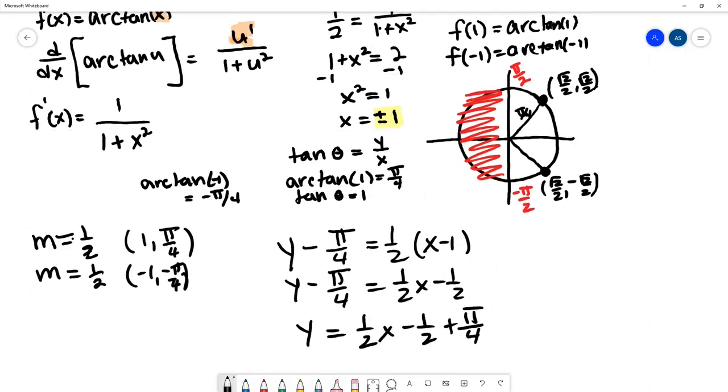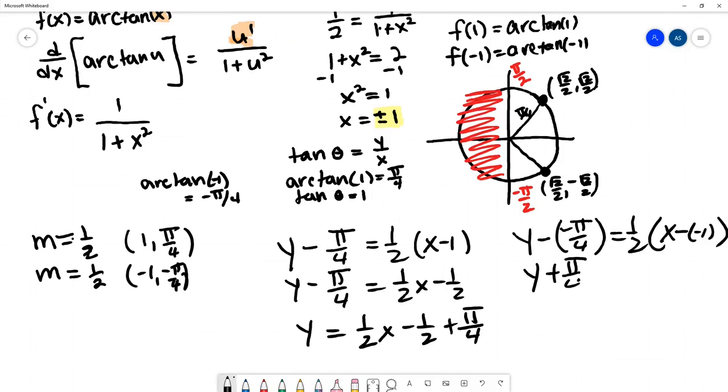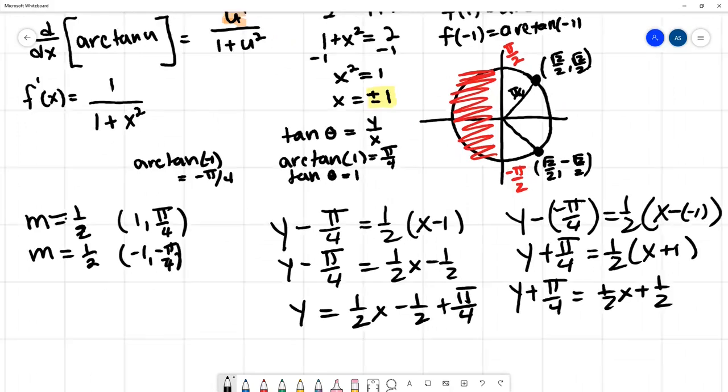Similarly, using the other information, we have y minus negative pi over 4 equals 1/2 times x minus -1. This is y plus pi over 4 equals 1/2 times x plus 1. Distributing the 1/2, we have y plus pi over 4 equals 1/2 x plus 1/2.